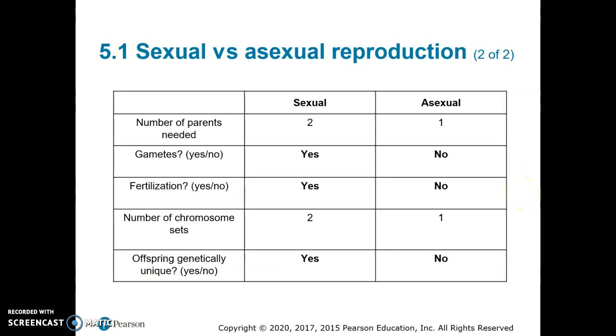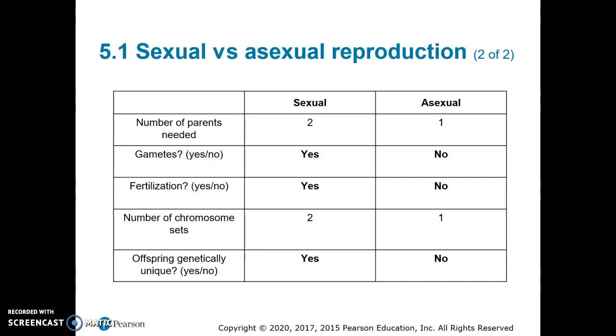Okay, so if you just want to compare the two, just real generally, sexual reproduction requires two parents, where asexual, you're all alone. In sexual reproduction, there are gametes involved. Asexual, there are not. Sexual reproduction requires fertilization. Asexual does not.